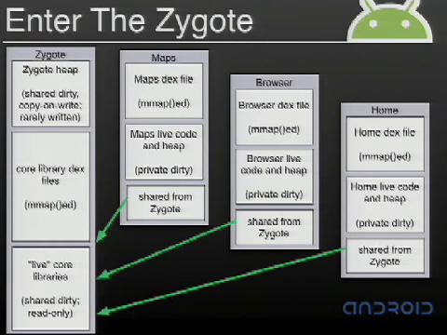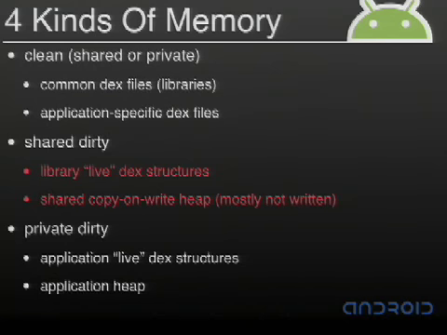It's made these live DEX structures. And then each application that starts up, instead of having its own memory for those things, just shares it with the Zygote and also with any other app that's also on the system. So back to that slide. This answers the question. Our goal, again, is to get as much memory to be mapped clean as possible. But we at least have this out for where we really do have to allocate, that we can reduce the cost in terms of the whole system performance.